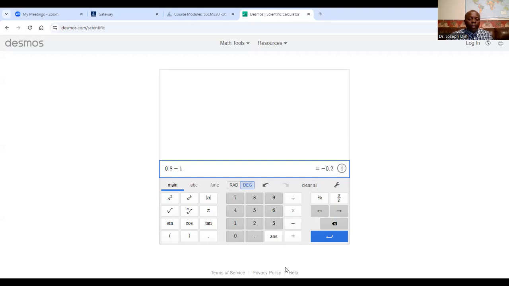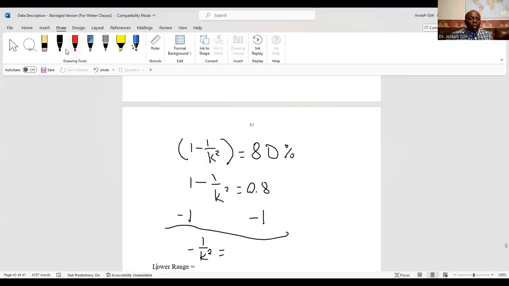So we're going to go over there and put it right there. Negative 0.2.